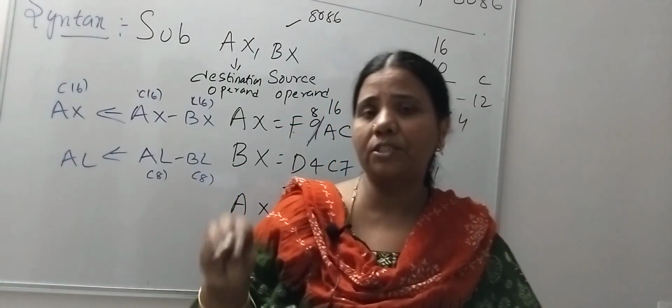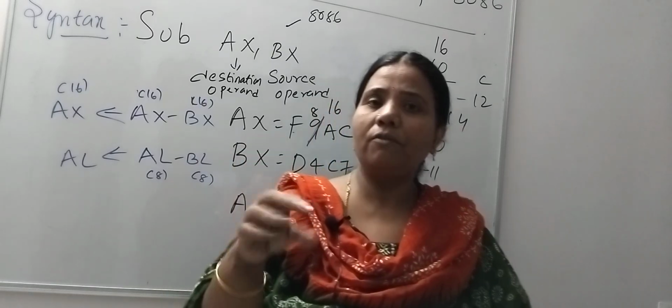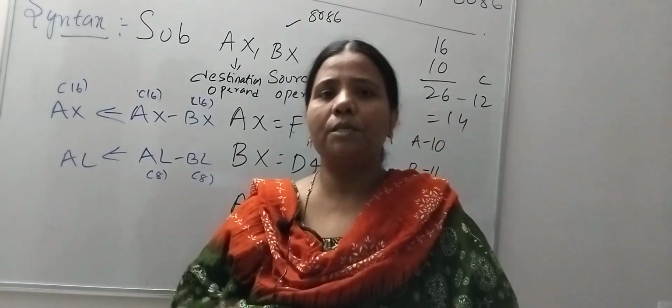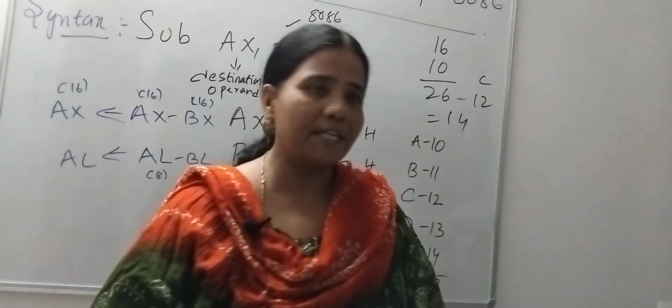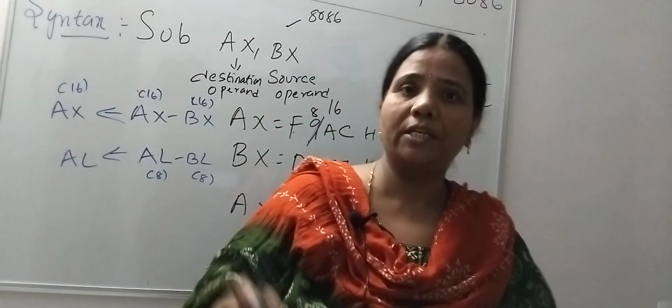Using those instructions given by the manufacturer's instruction set, we have to develop the program, and that program will make the CPU do certain work. Here, the instruction which we are going to discuss is the subtraction instruction.